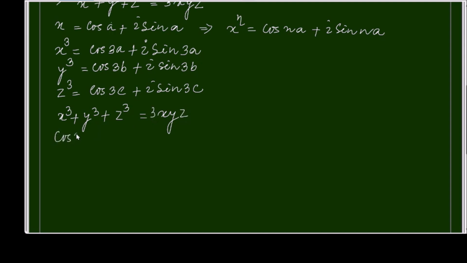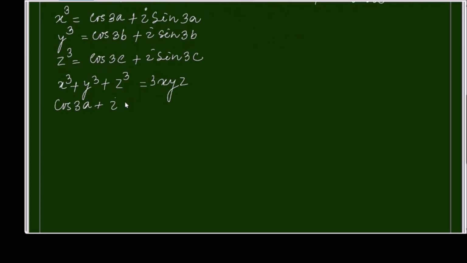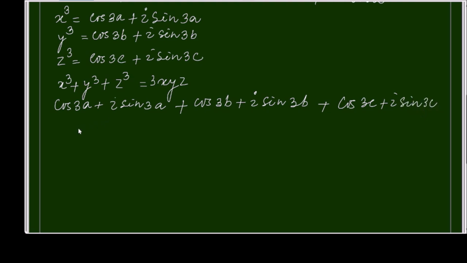So applying this complex number concept, I can write cos 3a plus i sin 3a plus cos 3b plus i sin 3b plus cos 3c plus i sin 3c equals 3 times (cos a plus i sin a) times (cos b plus i sin b) times (cos c plus i sin c).